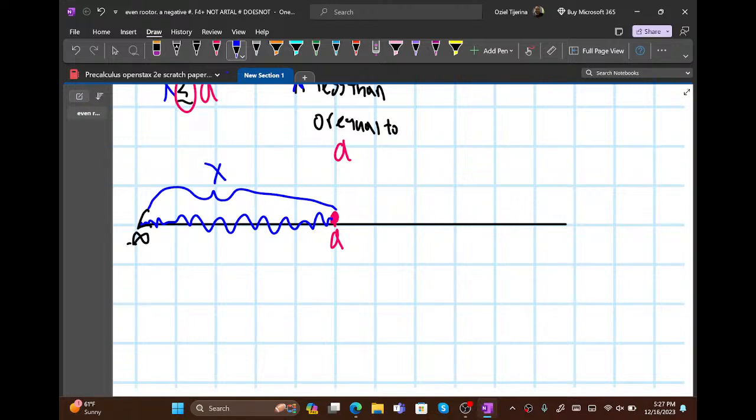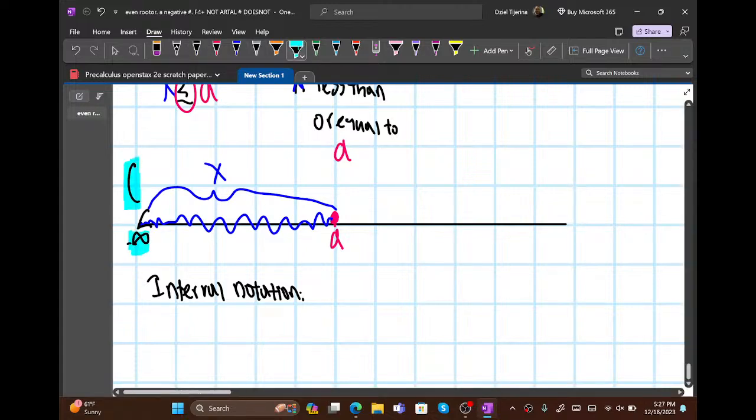And in interval notation, it's going to be a parenthesis at negative infinity, because it's always a parenthesis with negative or positive infinity, comma, and then we go all the way to a, with a closed bracket at a. So we put a bracket at a because it's a closed dot.